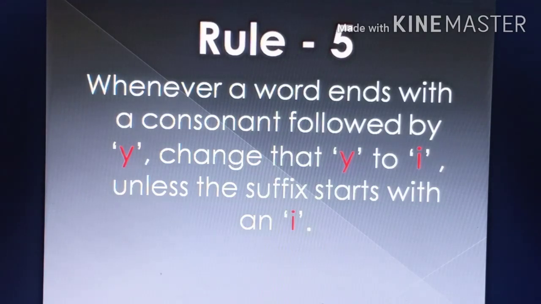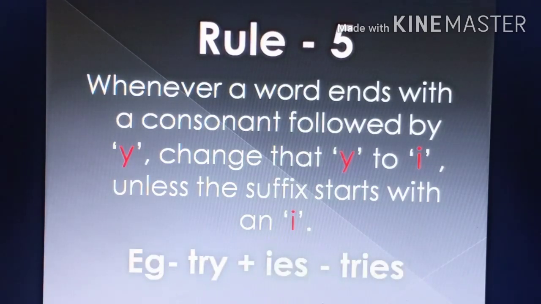Rule number 5. Whenever a word ends with a consonant followed by Y, change that Y to I unless the suffix starts with an I. Again, it's a vowel suffix, but the condition is it should always start with an I. So look at this example, try.